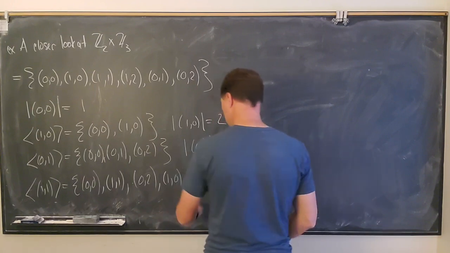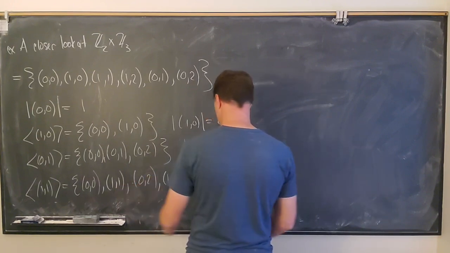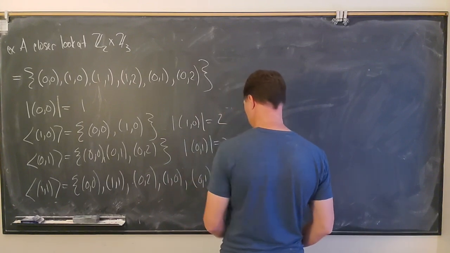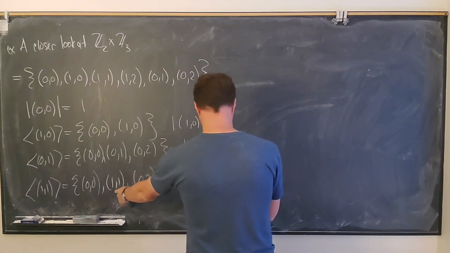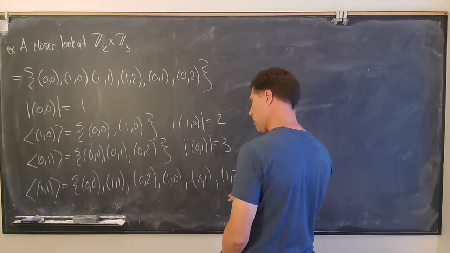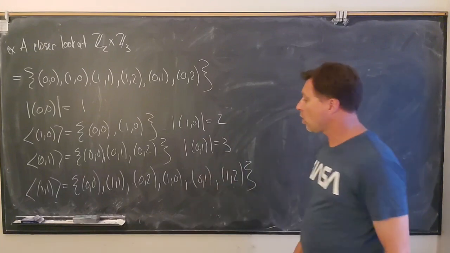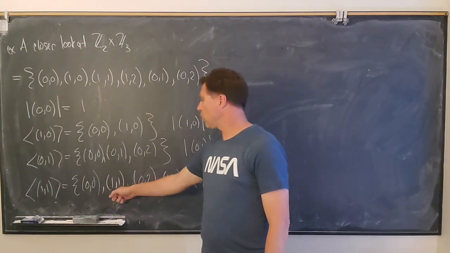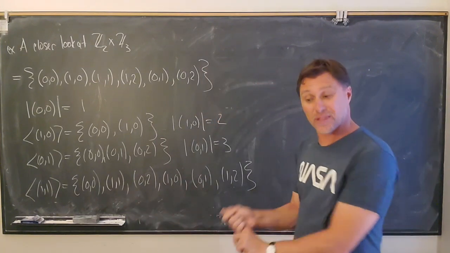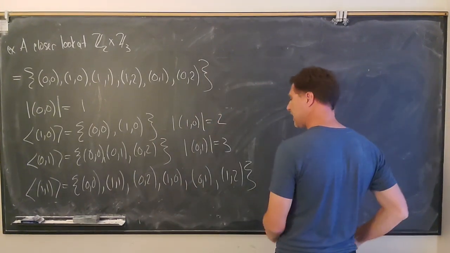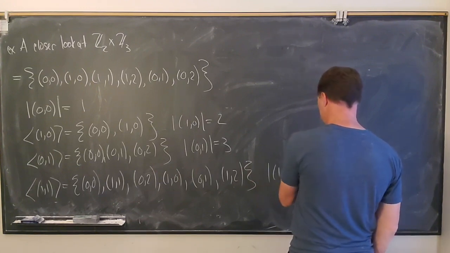Do it again, so (1, 1) plus (0, 1) is (1, 2). And then if you add it to itself again, (1, 1) plus (1, 2) is going to be (0, 0). Right? So what did I do? I start off with (1, 1) and start adding it to itself. And we find that when you do it the 6th time you get back to the identity. And so the order of (1, 1) is equal to 6.